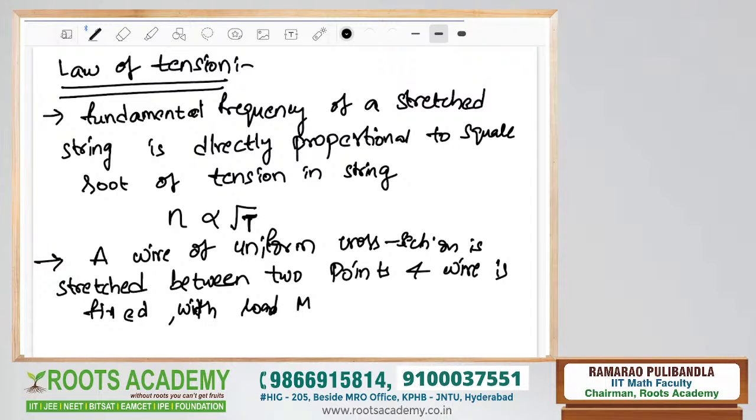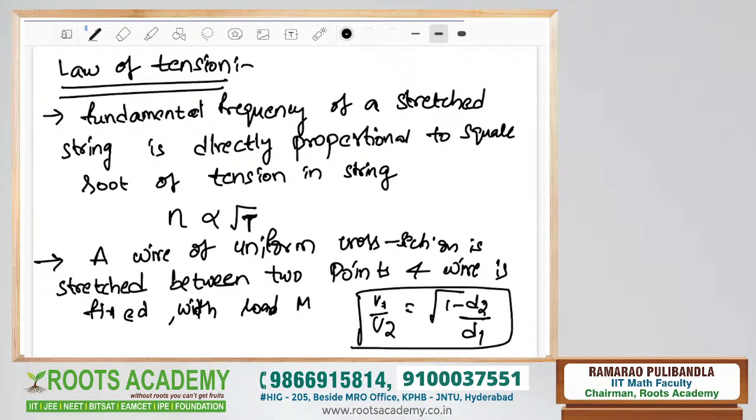So in that case the velocity would be v1 divided by v2, considering the densities of that, the velocity would be this.